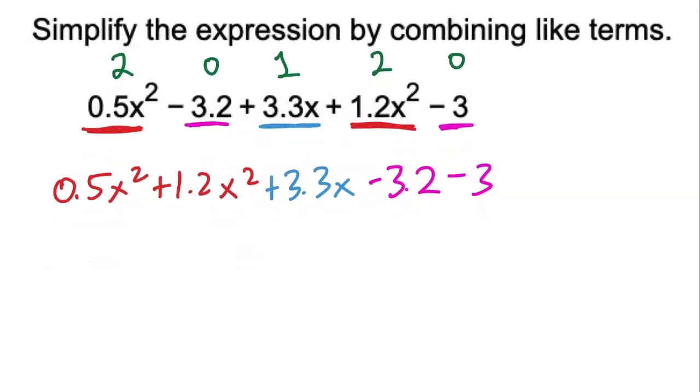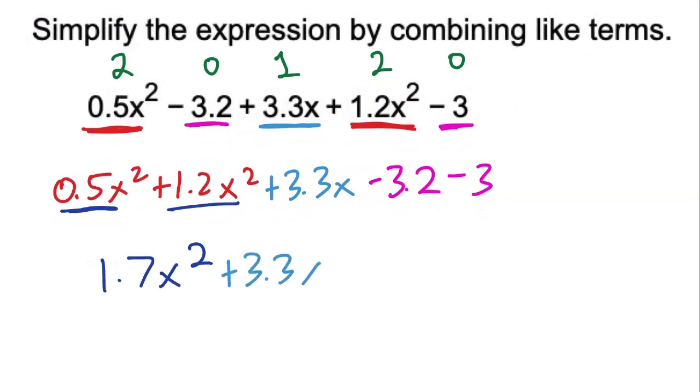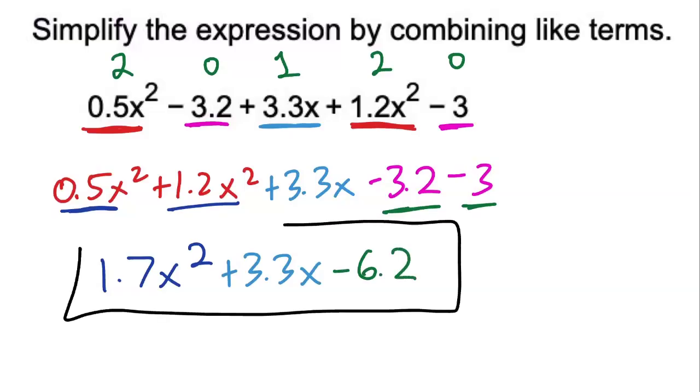So your very last step is just to combine like terms. So you can use a calculator. 0.5x squared and 1.2 make 1.7x squared. That 3.3x does not have anything to combine, so we just bring it on down. And then negative 3.2 and negative 3 make negative 6.2. This is your final answer.